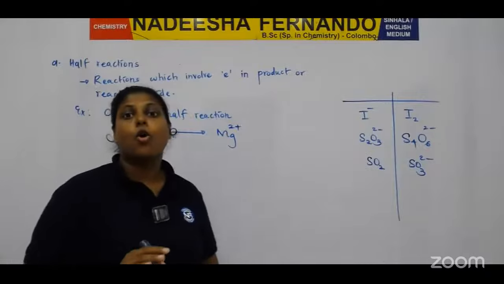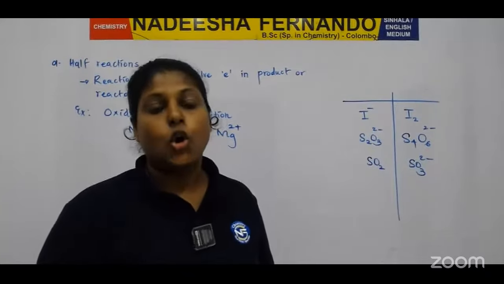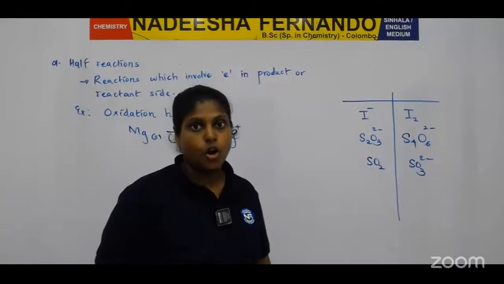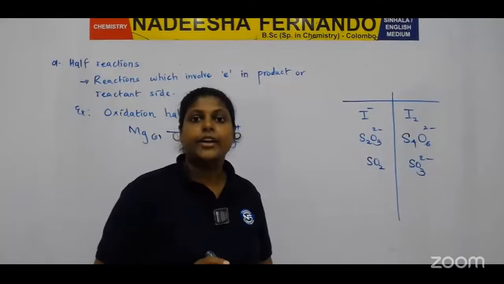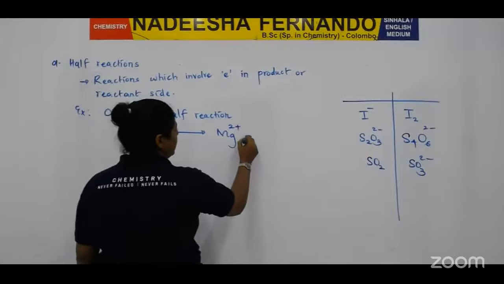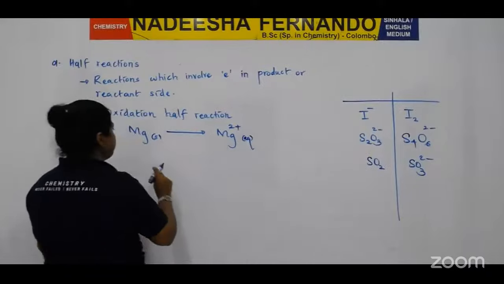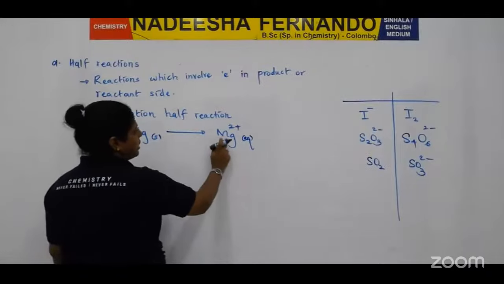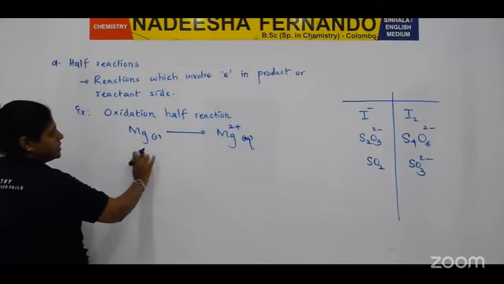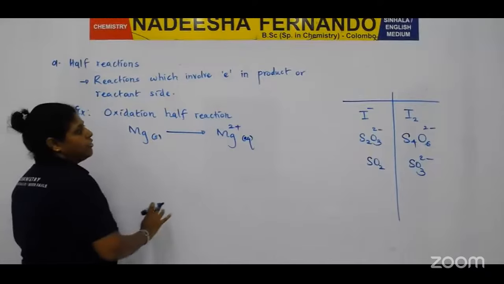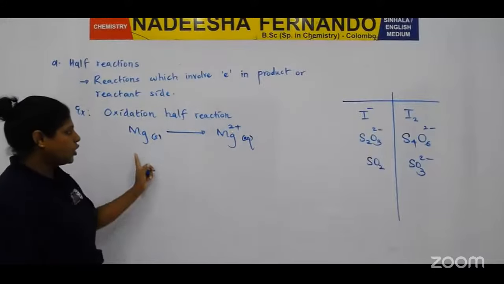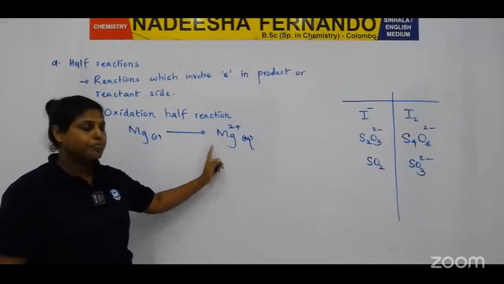Physical state for all cations and all anions is aq. Magnesium solid goes to magnesium 2 plus aq. Initial charge for magnesium is 0. Final charge of magnesium is 2 plus. 0 goes to plus 2.